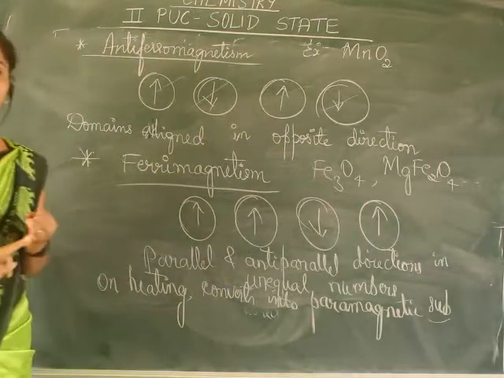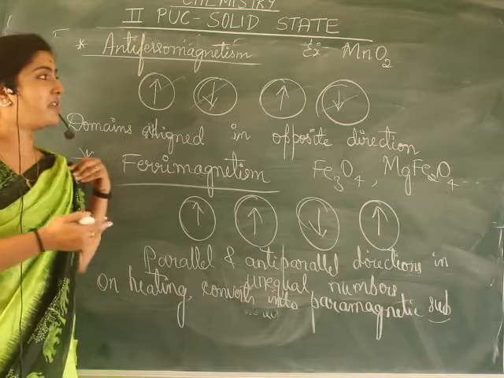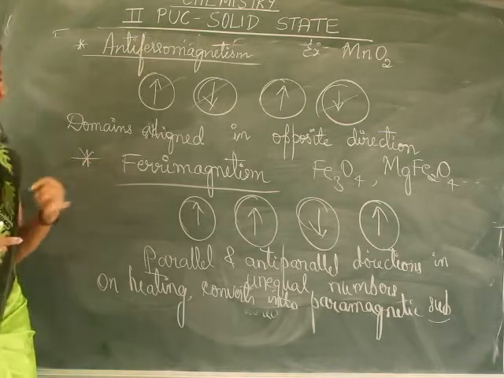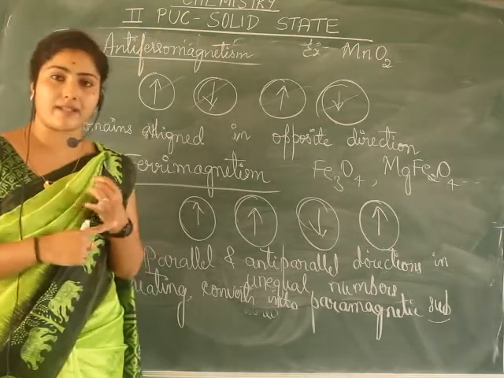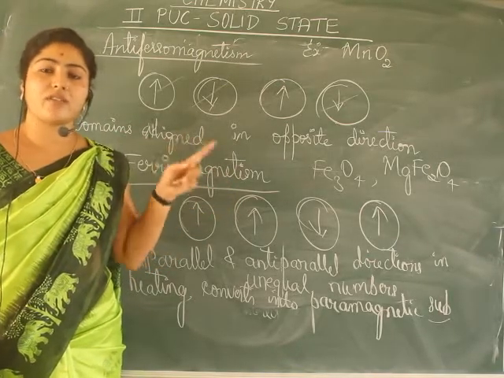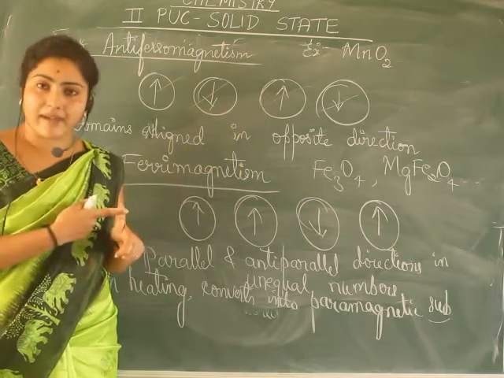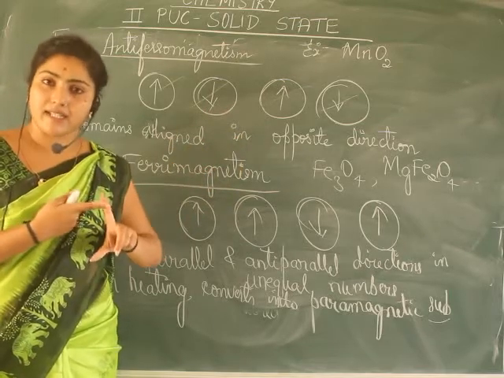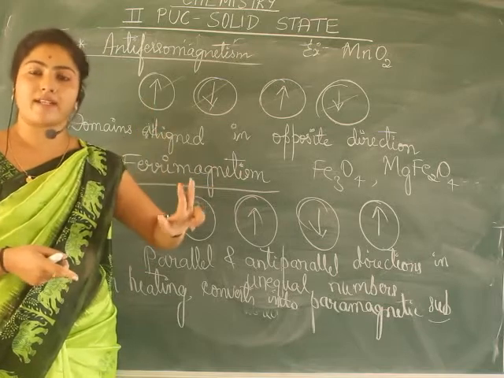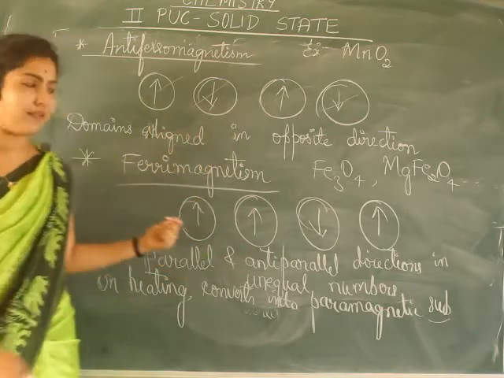You should know the definitions, and you should know how the domains are arranged in ferromagnetism, antiferromagnetism, ferrimagnetism. Before that, based on the magnetic properties, the substances are classified as paramagnetic substances, diamagnetic substances, ferromagnetic substances, antiferromagnetic substances. Last one is ferrimagnetism.